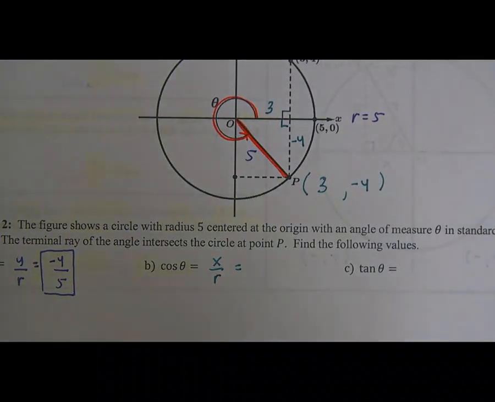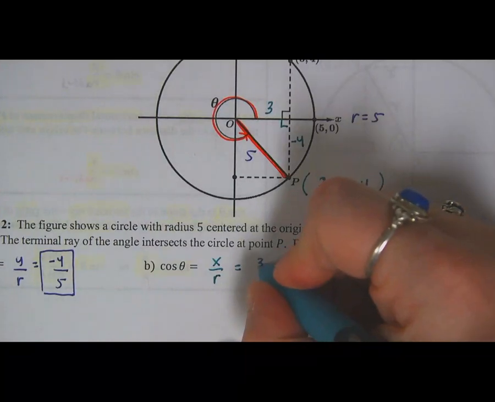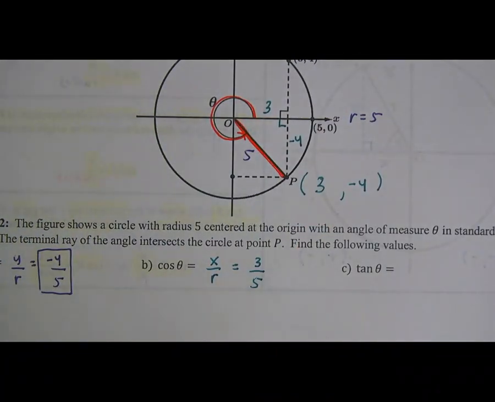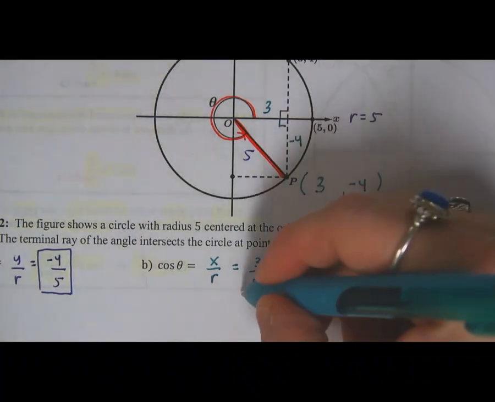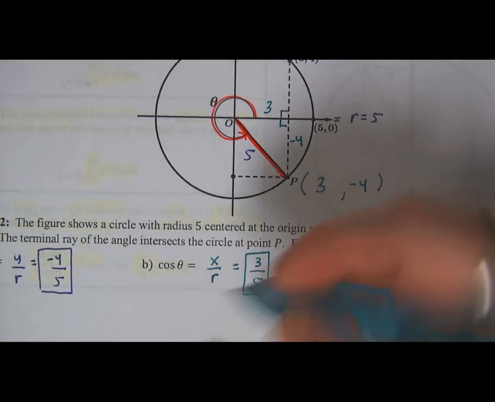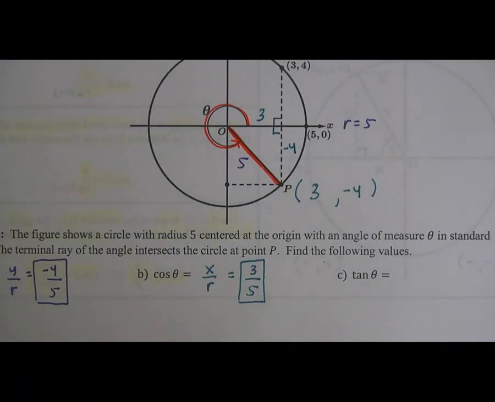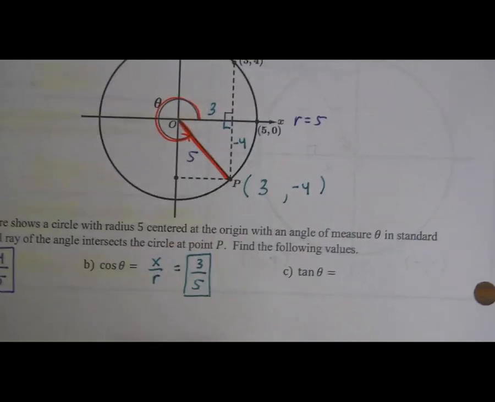Well, the x of the ordered pair is 3, and the radius is 5. So cosine of that angle in the picture, theta, is 3/5. That's the value of cosine of the angle.